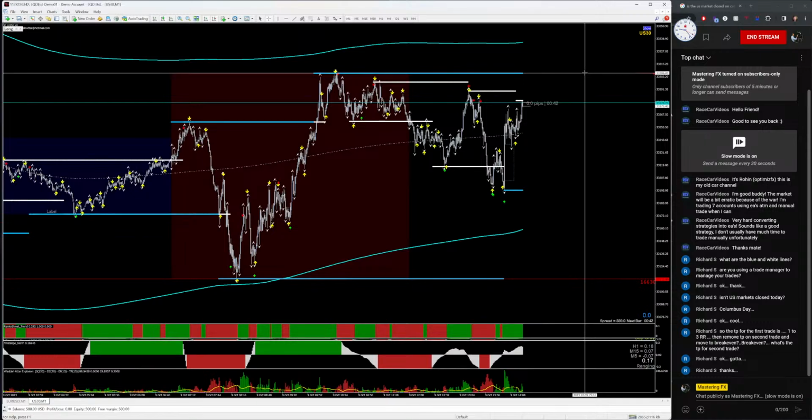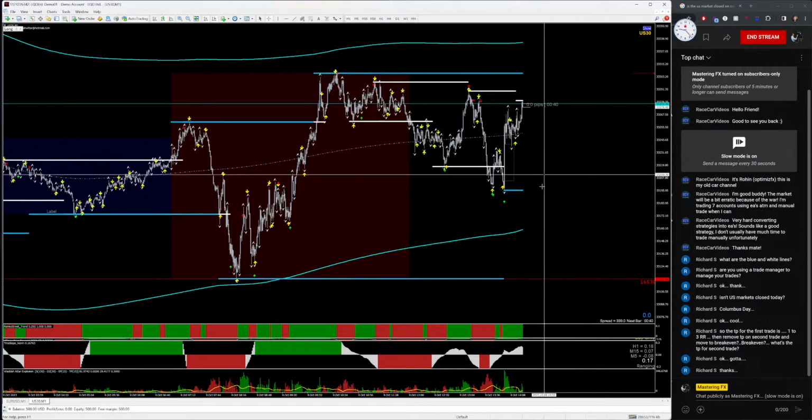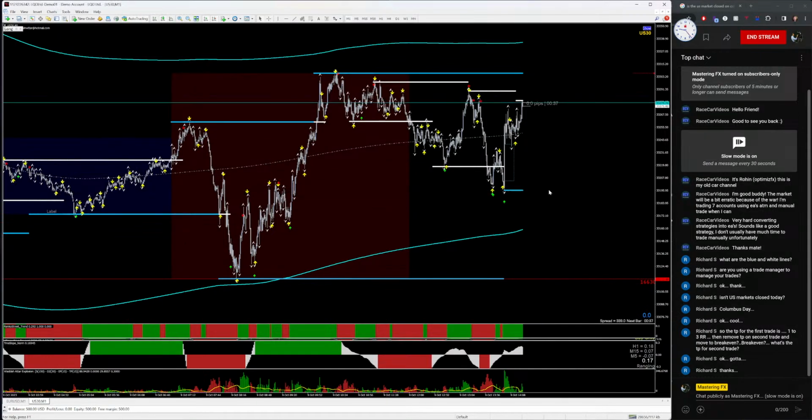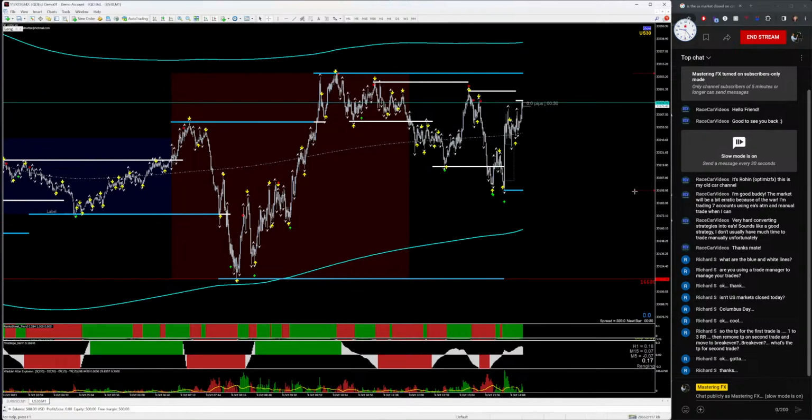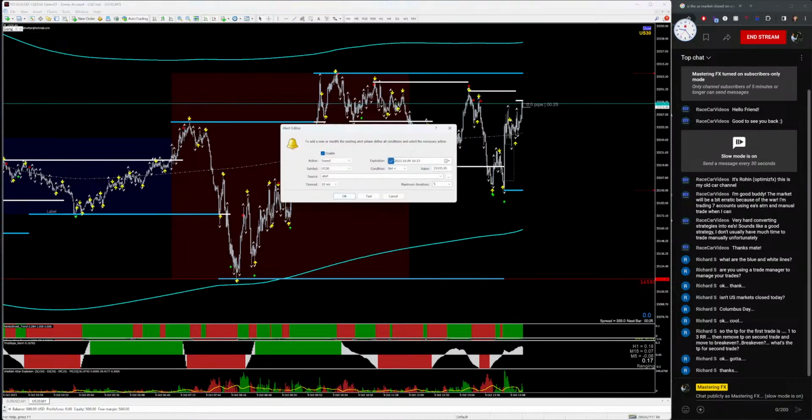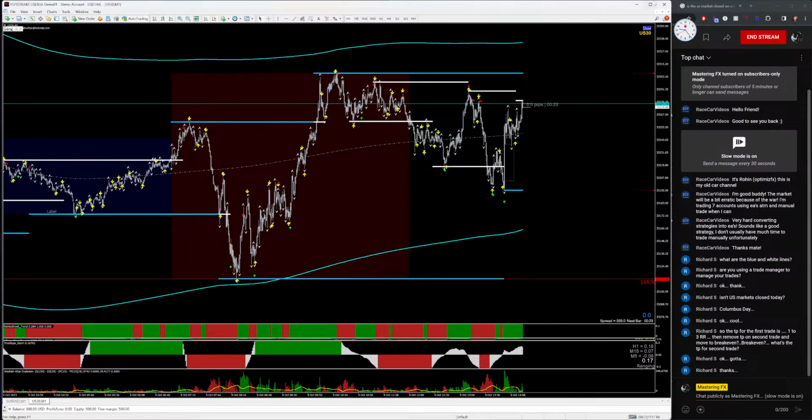So I set an alert to the high here, and for shits and giggles, let's do one on the low as well. Yeah, this is good. Let's change that to the same, just in case, because I don't want to miss the move here. And it's getting close to 9:30. So, okay, we got this.